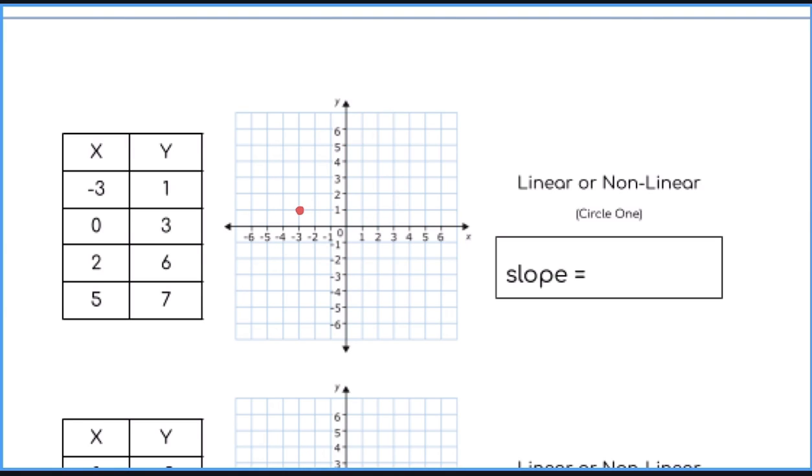And then a point at 0, 3. I'm not going to go left or right. Am I going to go up or down? Up. 2, 6: right 2, up 6. And 5, 7: right 5, up 7.